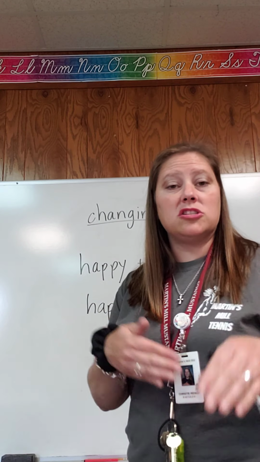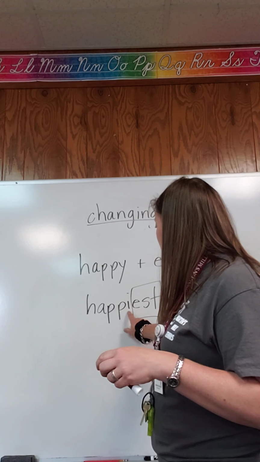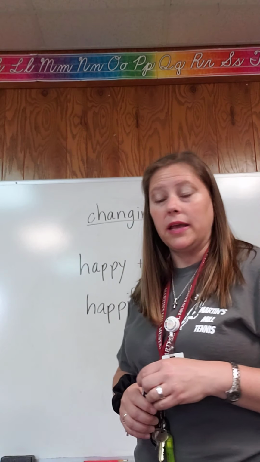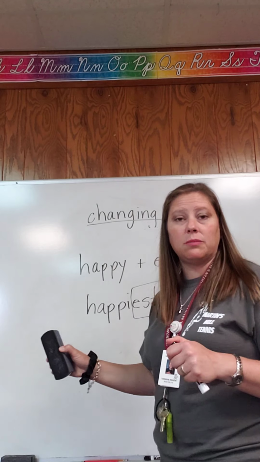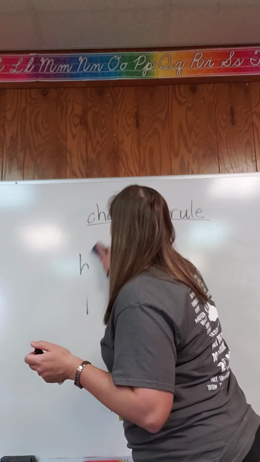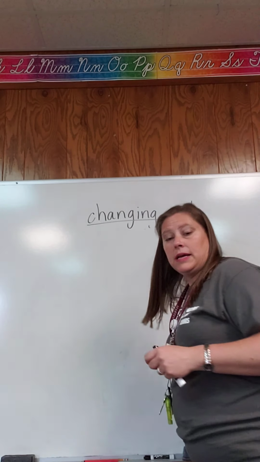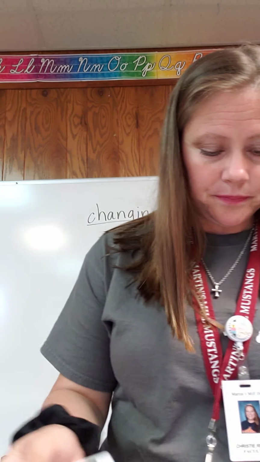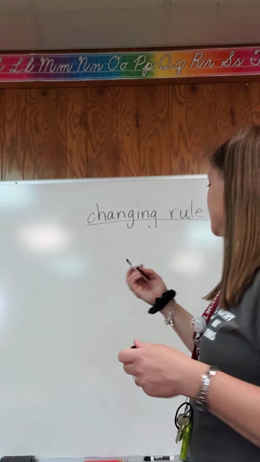We just had to use the changing rule in order to make this come out correctly. Okay, so that's another example of change the Y to I and add your ending. Okay, all right, let's try another one.